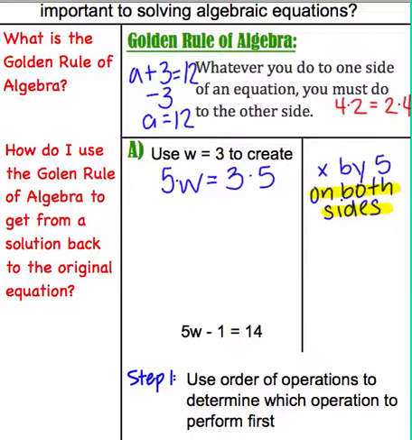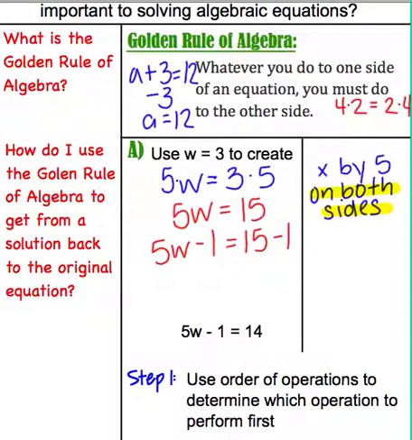Our next step is to simplify. When I simplify this, 5 times w is 5w, and 3 times 5 is 15. Now we're starting to look like our final equation, but we're not quite there because we still have that minus 1. So I want to do our addition or subtraction and subtract 1. To maintain that equality, if I do it to the left side, I'm going to subtract 1 from the other side.